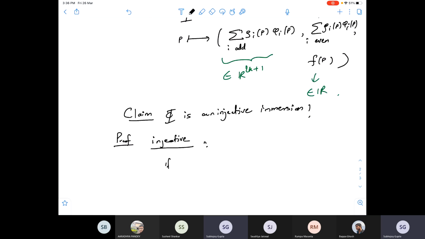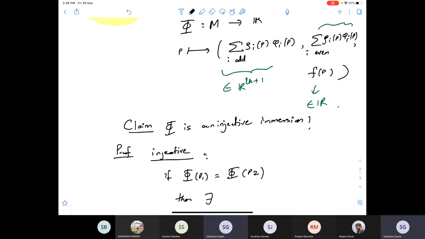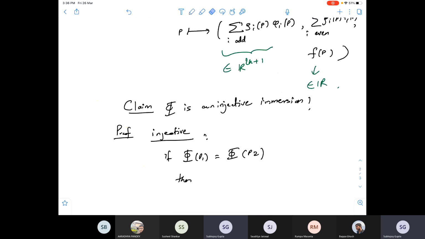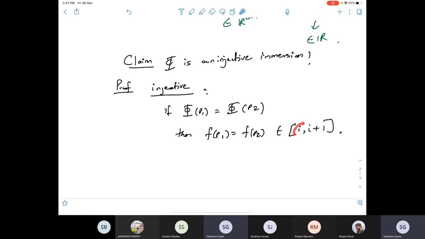If phi of P1 equals phi of P2, then f of P1 equals f of P2, because that's the last coordinate there. Now this lies in some closed interval I plus 1, so we get an I here.